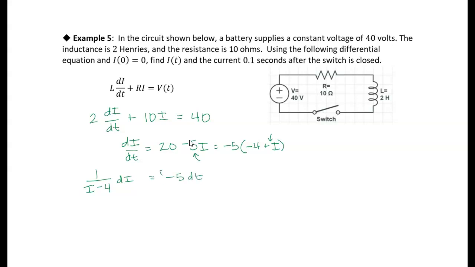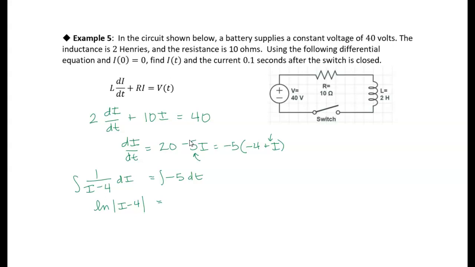All right, and then I can integrate both sides. Now you can see I just have a positive 1 coefficient on the I, so it makes it easy to write this as the natural log of absolute value of I minus 4. And I don't have to worry about doing any kind of U substitution and keeping track of coefficients.